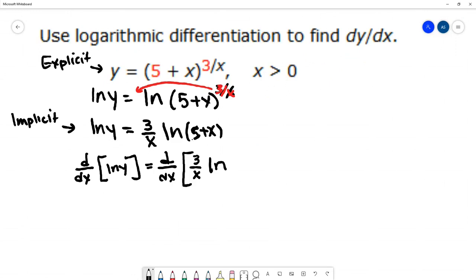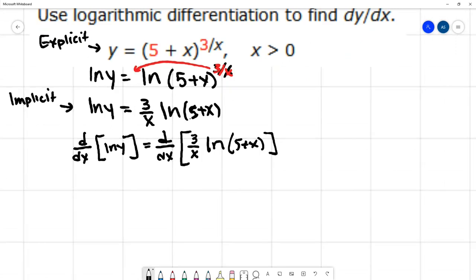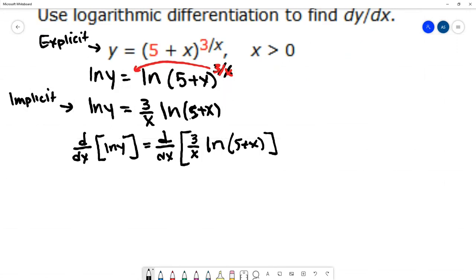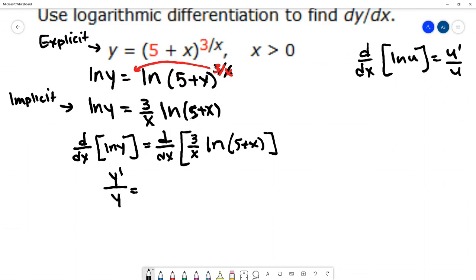So I have 3 over x, natural log of 5 plus x. So we're going to be using the derivative of logs, that rule for the derivative of natural log. Derivative of natural log of u is u prime over u. So the derivative with respect to x of natural log of y is y prime over y.